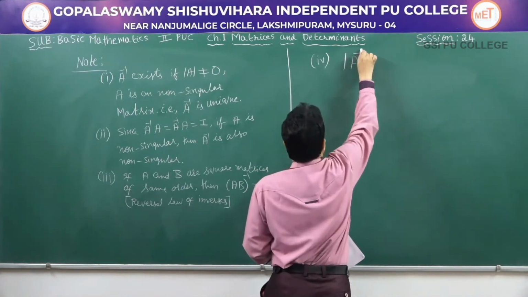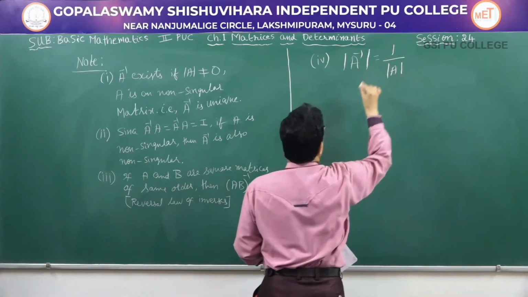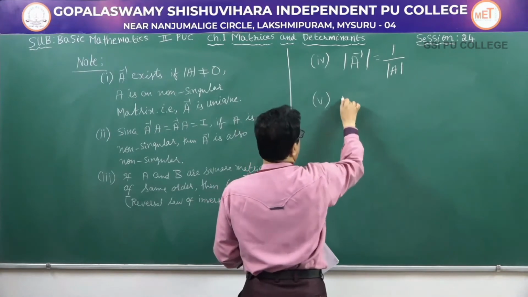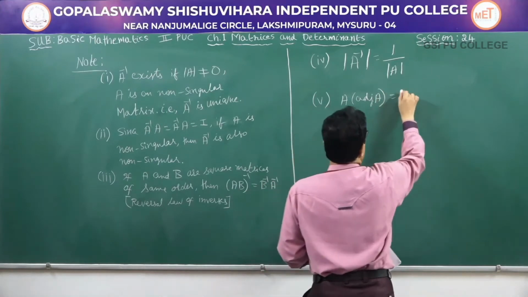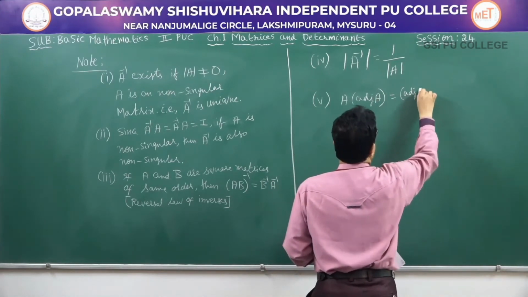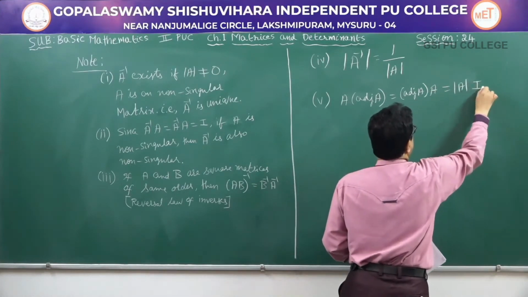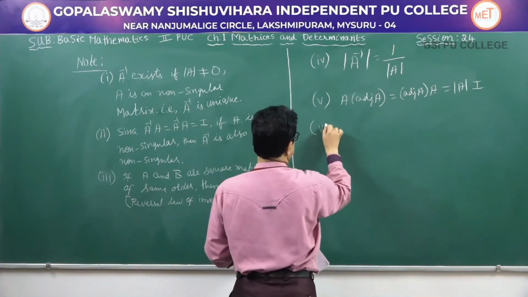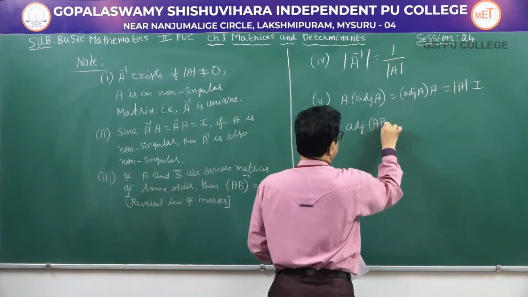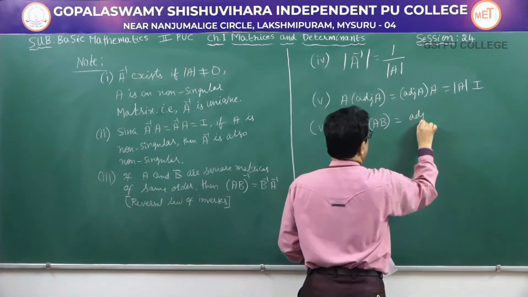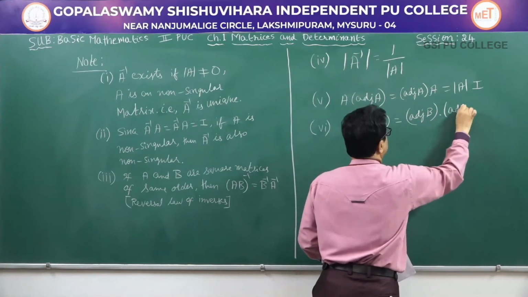Determinant of A inverse is equal to 1 by determinant A. A into adjoint A is equal to adjoint A into A equals determinant A into I. Adjoint of AB is equal to adjoint of B into adjoint of A.